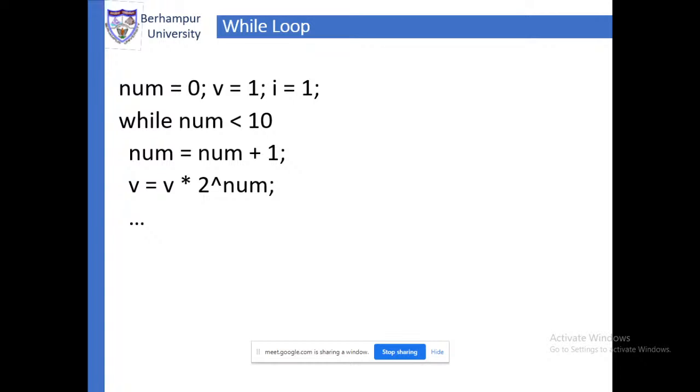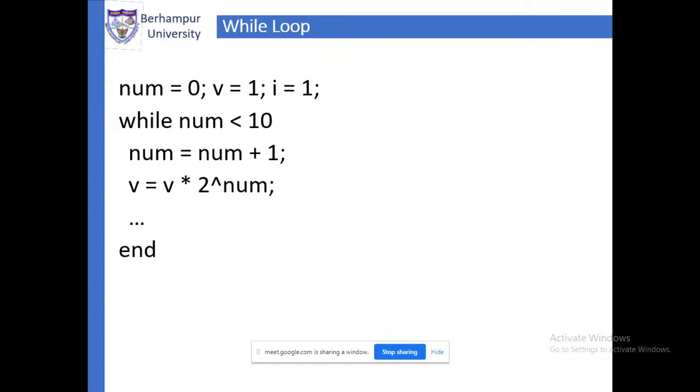So this way you can define i will be something, and once you have defined everything, this will end. So this will continue till num becomes 10, which means the first time it will be executed with num equal to 0. Then the second time it will be executed because num is equal to 1.